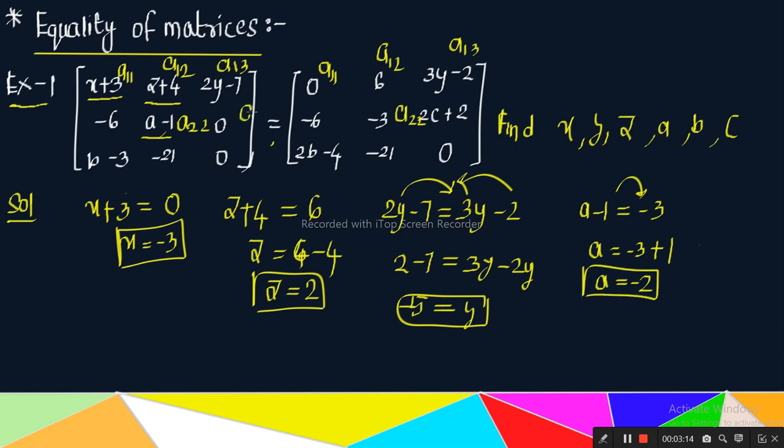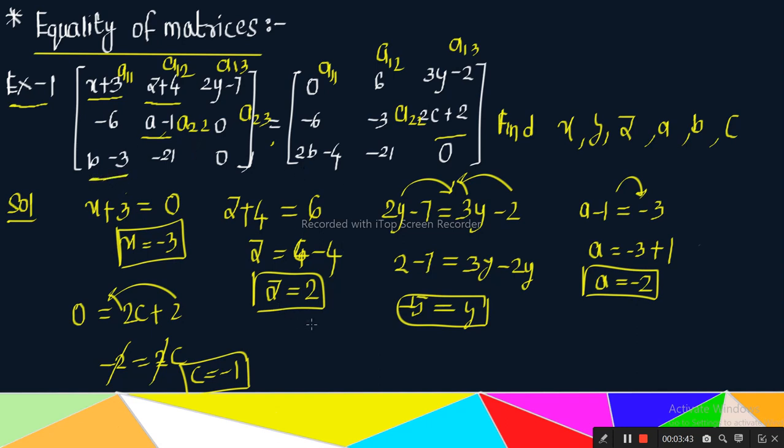In place of a23, 0 is there, and here 2c plus 2 is there. 2 is positive, when it goes there it becomes negative. Minus 2 is equal to 2c, the 2s get cancelled, c is equal to minus 1. We got the value of c.